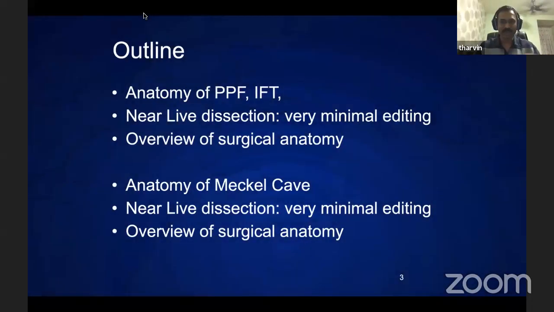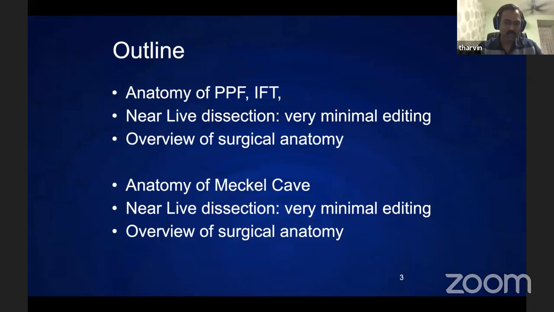Sorry about that. Basically, the outline is that I'm going to show you the anatomy of the pterygopalatine fossa and the infratemporal fossa, and then I will show you videos of near-live dissection, with very minimal editing. The idea of doing a dissection is like pilots doing a flight simulation, where they have a test run.